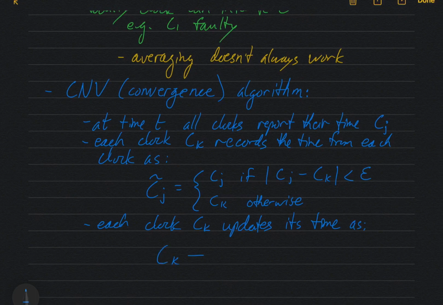The new time for clock K is 1 over n times the sum, for j equals 1 to n, of the modified stored value. For itself, it'll just use its own value. For the other clocks, it'll use their values unless they're too far apart from it, and then it'll substitute in its own time. That's the convergence algorithm.